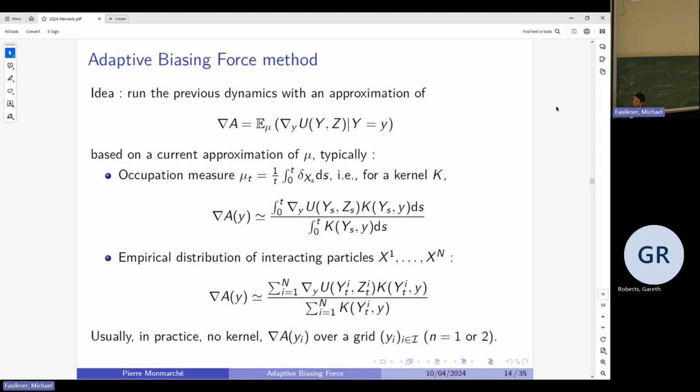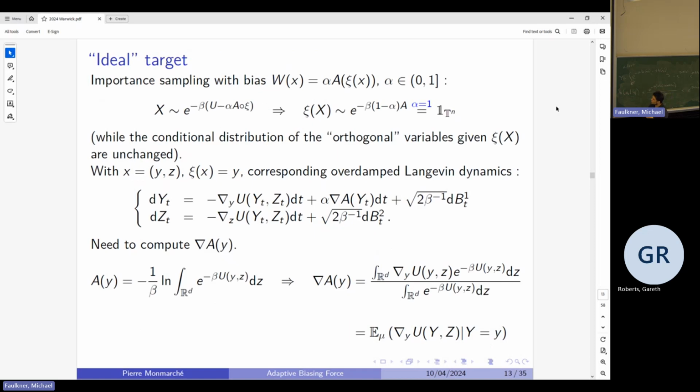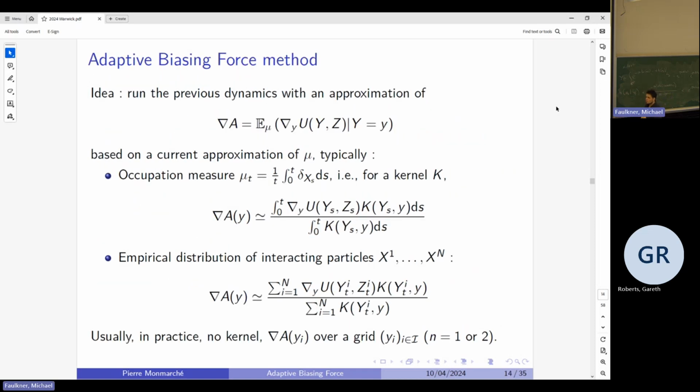Usually you approximate expectations as averages over a long time. So at time t, you are running your dynamics, and you have an approximation of mu, which is taking ergodic averages along your trajectory. Let's do that, and let's replace the conditional expectation given y according to mu by this.